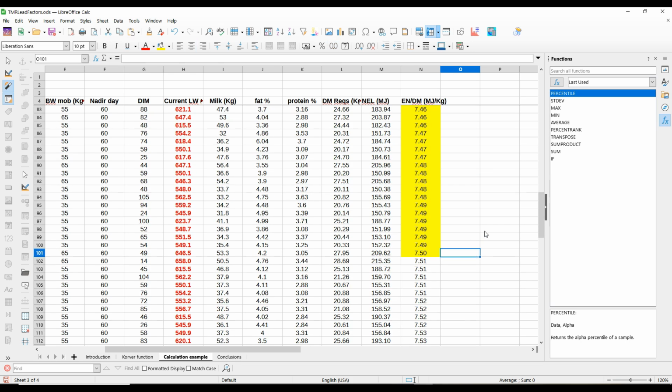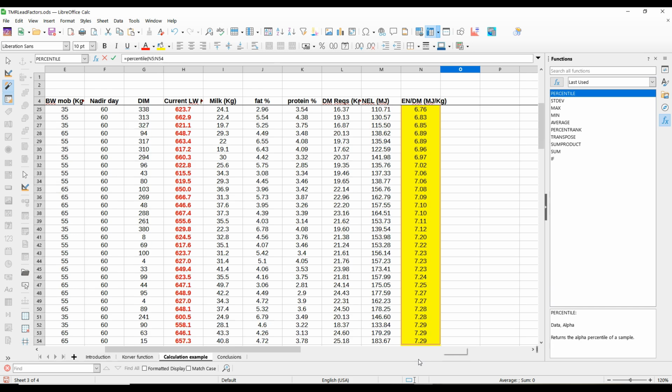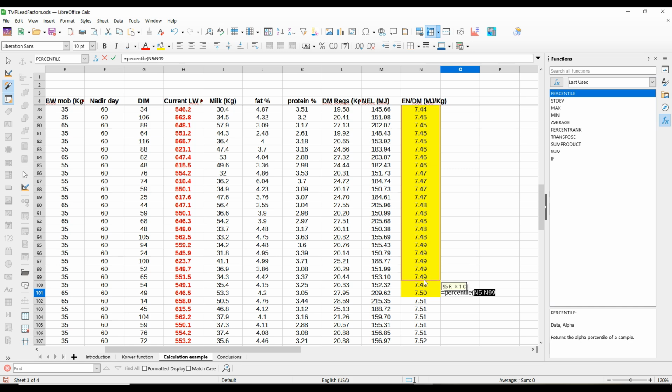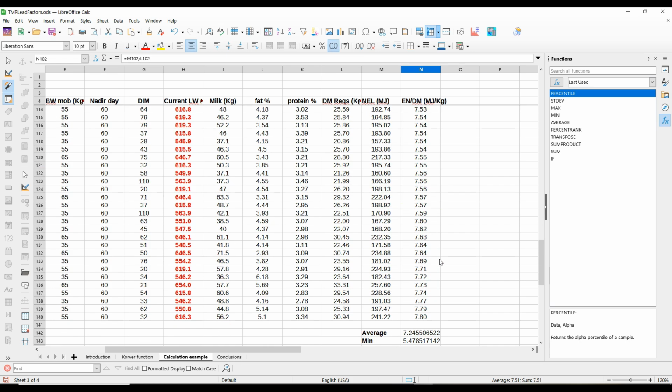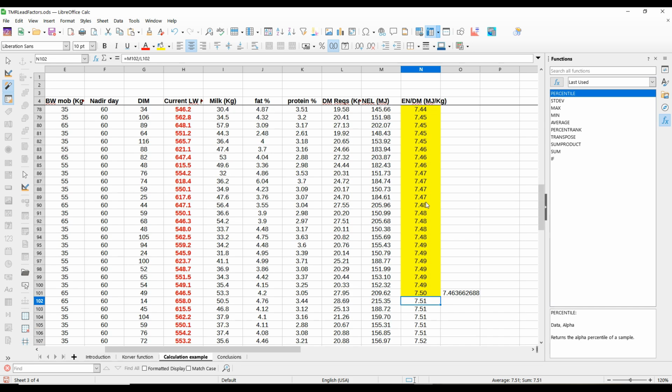So for this first group, the energy content of the ration will be percentile 0.83, and we could use a lower value.